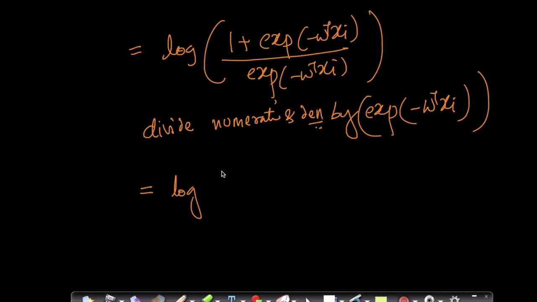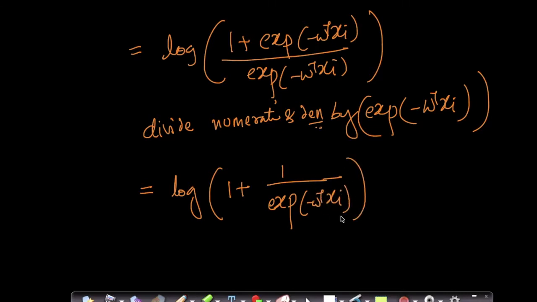So I'll get log of 1 plus 1 by exp of minus w transpose xi. Isn't it? Very, very simple.